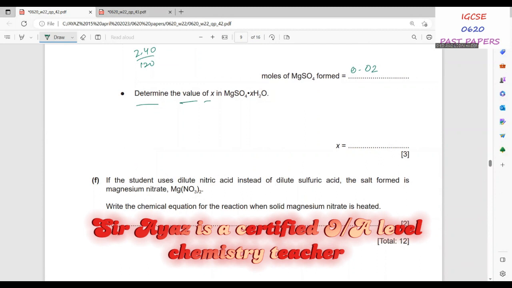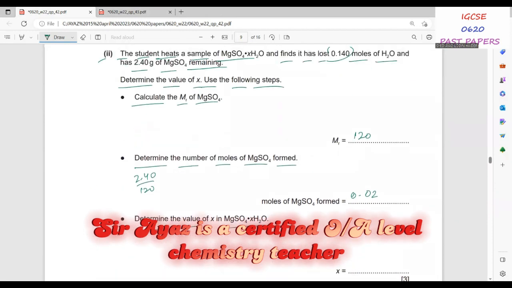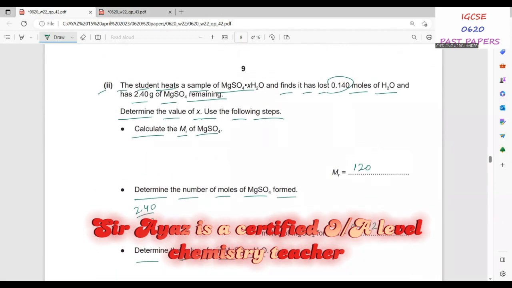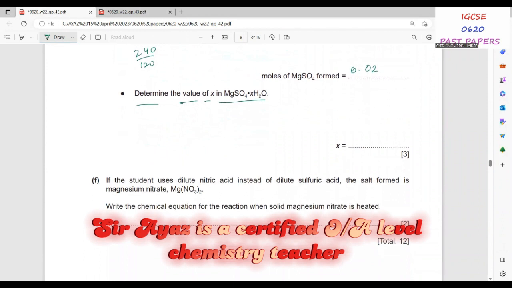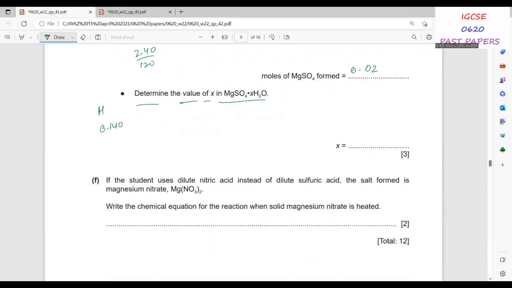Determine the value of X in MgSO4.XH2O. Now, according to the formula and the data given, we know that it has lost 0.04 moles of H2O.